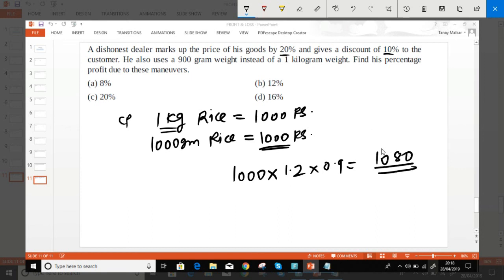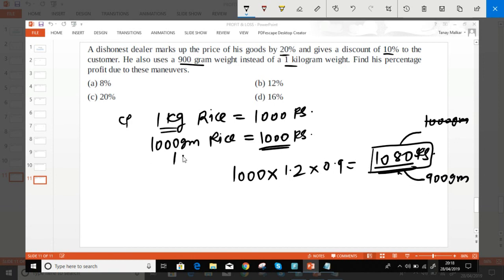Now this should have been the selling price of 1000 gram rice, right? But the shopkeeper is dishonest. He is using 900 gram weight instead of 1 kg. So that means he is getting this much amount for 900 grams.